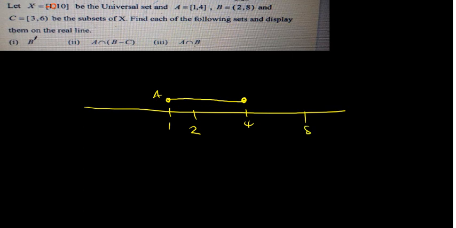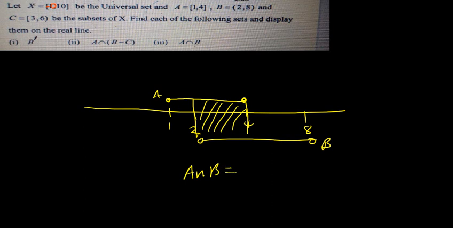We are not including any end. So the intersection is from here up to here. Therefore, A intersection B is going to be from 2 up to 4. 4 is both in A and B so it is included, but 2 is not in B, so it will not be part of the intersection. Okay, so that is how it's going to be.